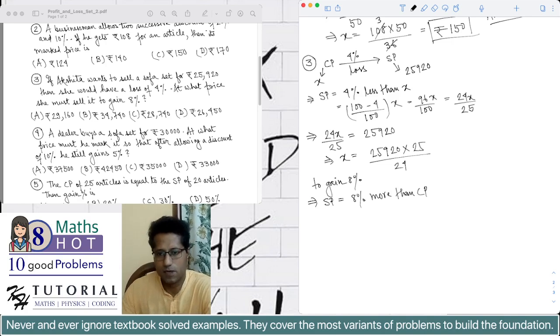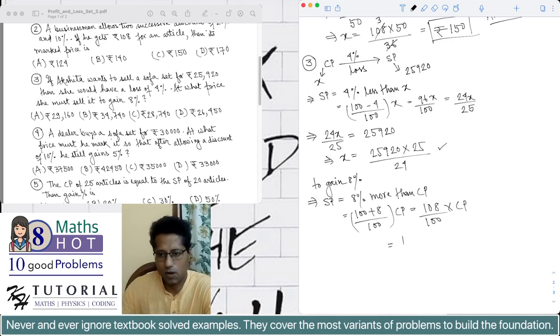Cost price we know is this value, which we have not simplified. Now 8% more than CP means 100 plus 8 divided by 100 multiplied by CP.